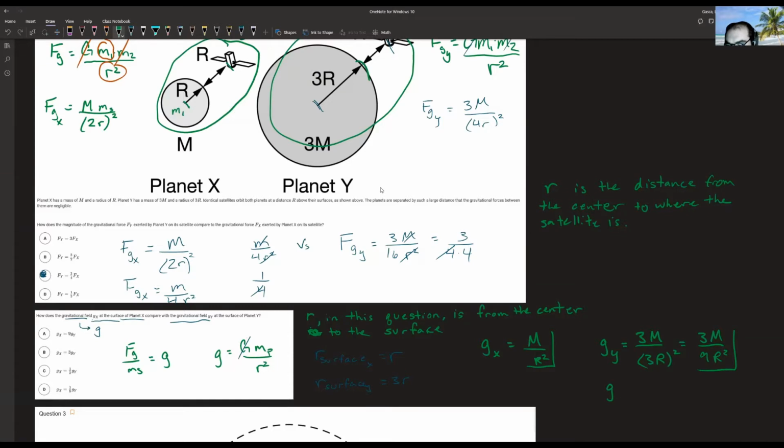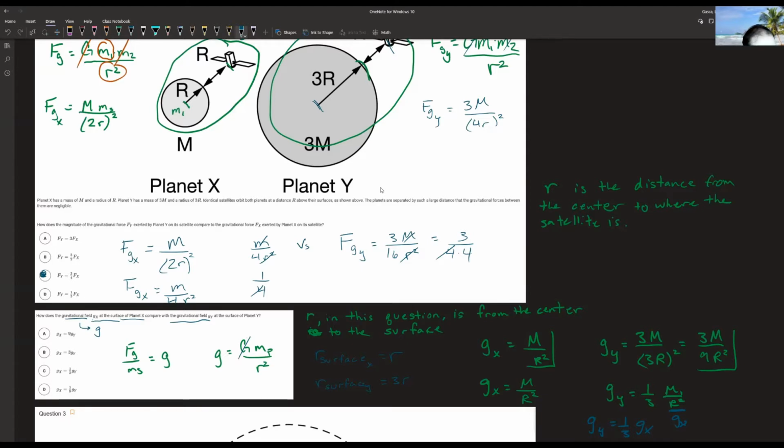If we clean this up, 3/9 is 1/3, m divided by r squared. And g of X is already m over r squared. So hopefully we can recognize that g on planet X is basically this part right here. And really, g of Y, the acceleration due to gravity on planet Y at the surface, is going to be 1/3 the acceleration due to gravity on planet X.